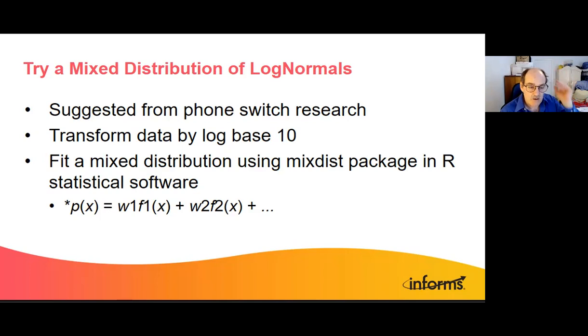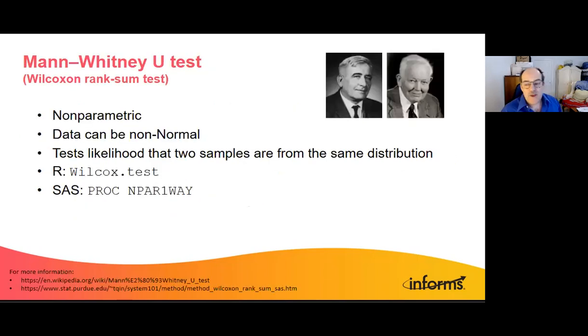Just let it go. So we transform the data, and then that transformed data fits what is called a mixed normal distribution. And that can be done, for example, in R automatically with software. And then we have to test it.